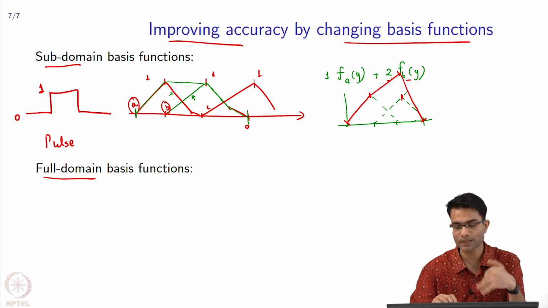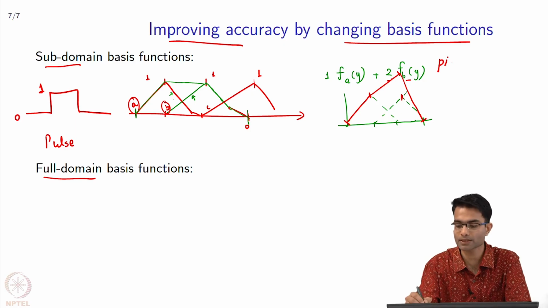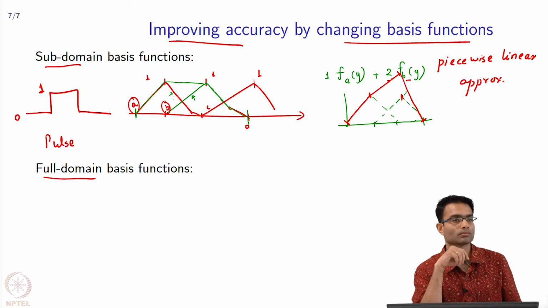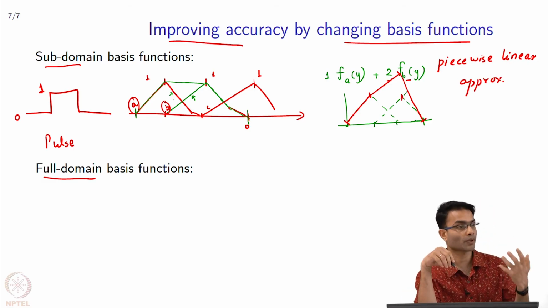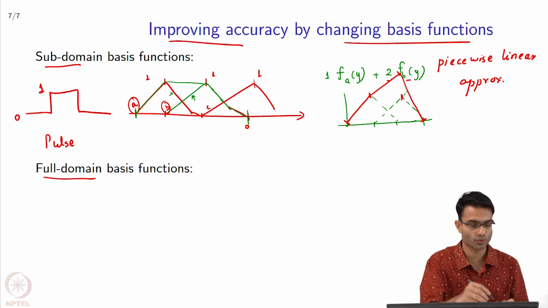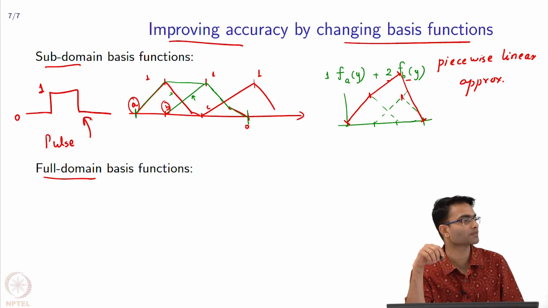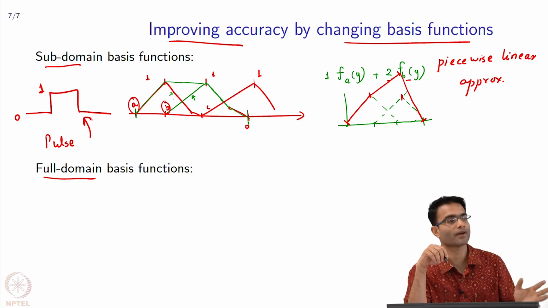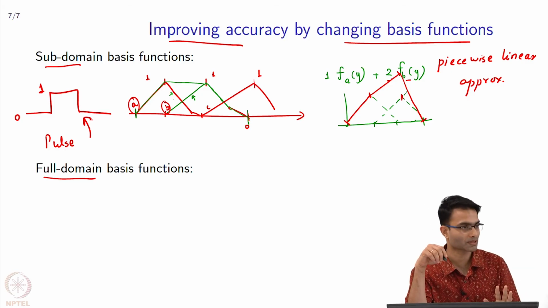So I have replaced this function by a piecewise linear approximation. My function that I am approximating now is continuous. Earlier, my function expressed using the pulse basis function was discontinuous. So I have now moved to a continuous basis function, but it's still not differentiable. It's not smooth, but it's better than pulse.